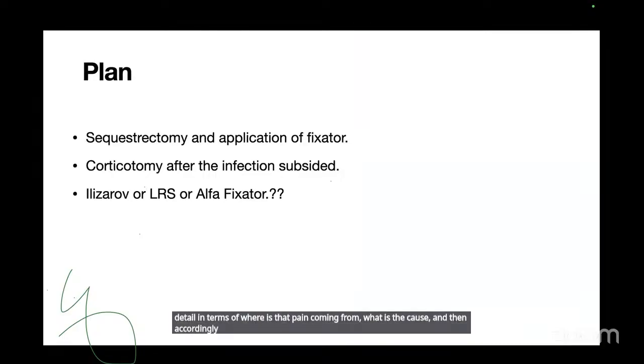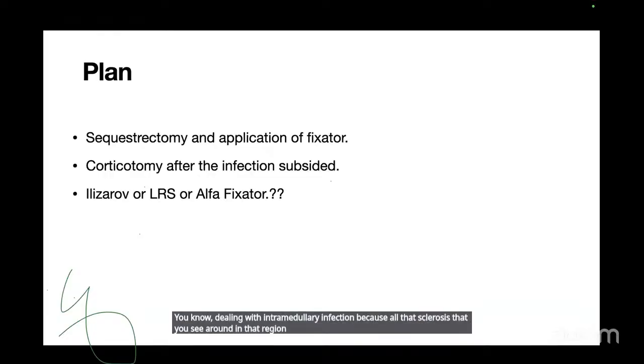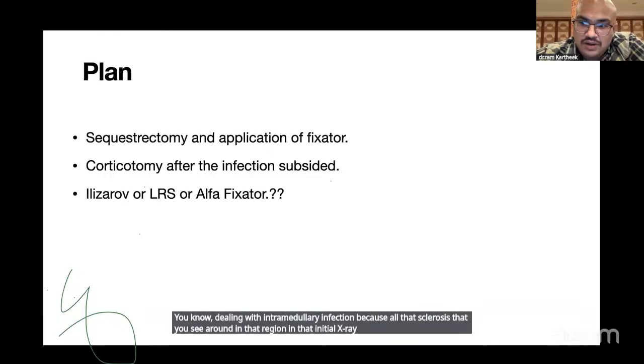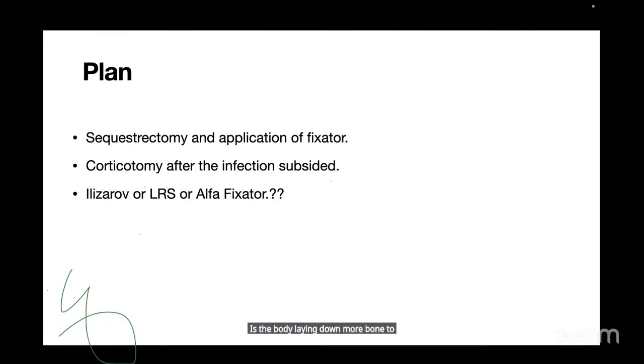And I would say that this could possibly have been treated by dealing with the intramedullary infection, because all that sclerosis that you see around in that region in that initial X-ray is the body laying down more bone to wall off that infection.